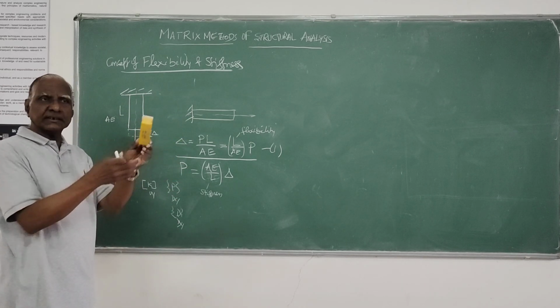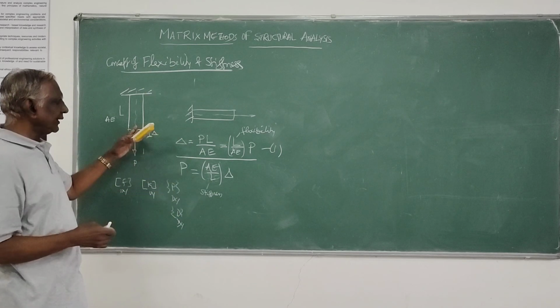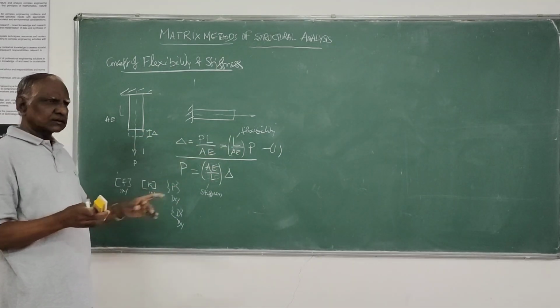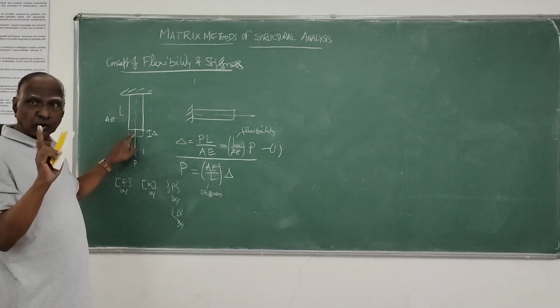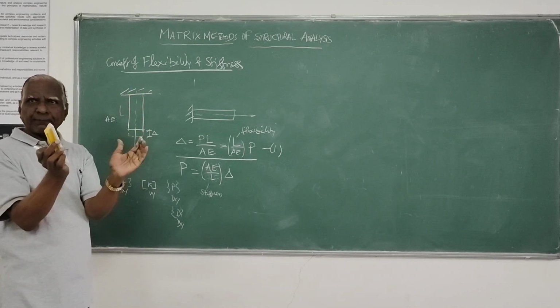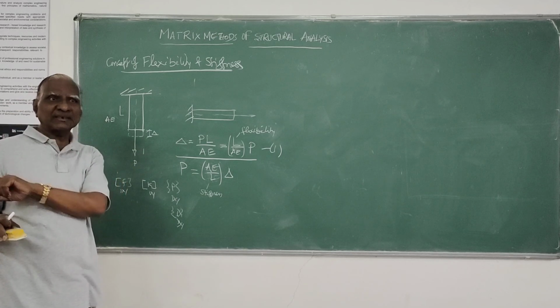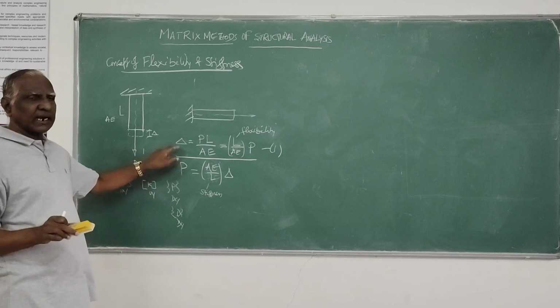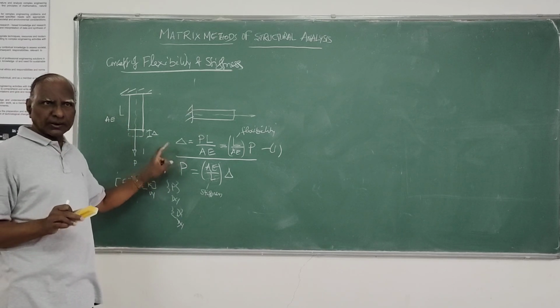If the truss member is not inclined, if it is a horizontal or vertical member, then you can use the same thing. So the stiffness at any end, one end only I am talking about, not both the ends. If you take both the ends, then it represents the stiffness matrix of that member, which is called the member stiffness matrix. Here I am defining only with respect to one joint or one node.